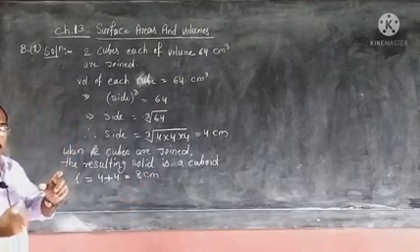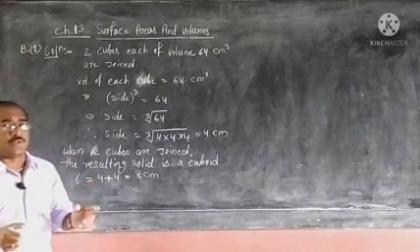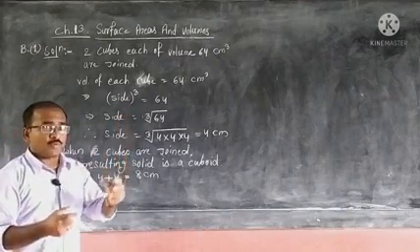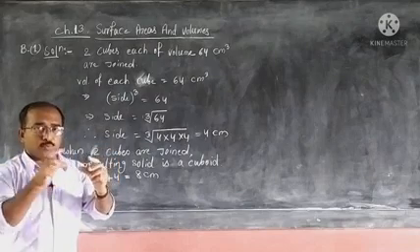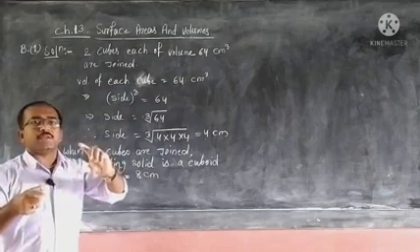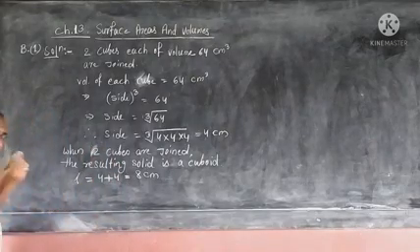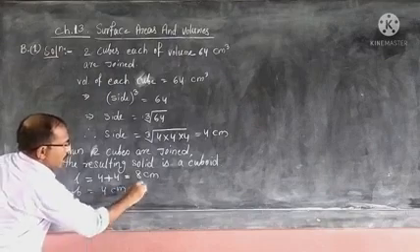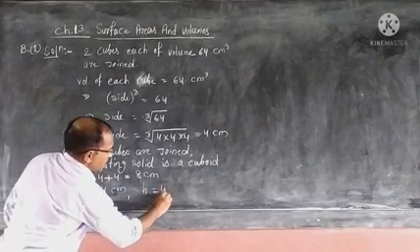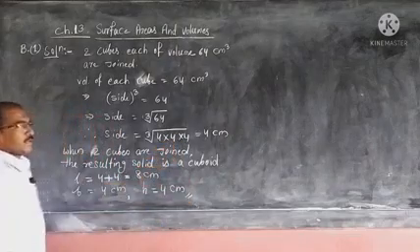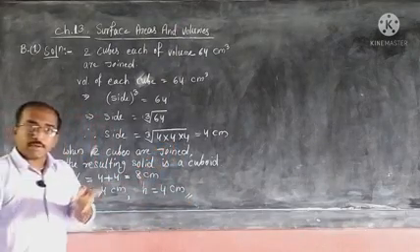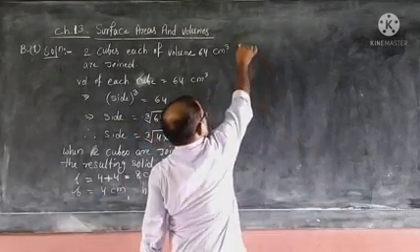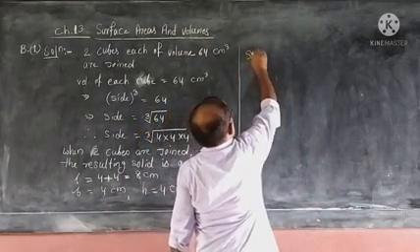But breadth and height will remain the same. Just imagine the example of two equal Ludo dice: only the length increases, while breadth and thickness, or height, remain 4 centimeter. The question asks us to find the surface area of the resulting cuboid.